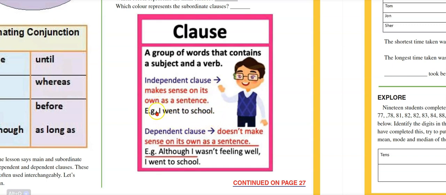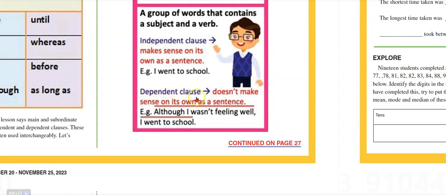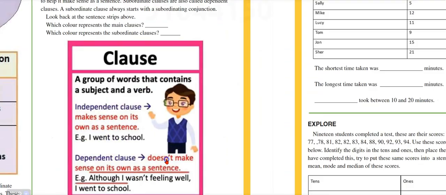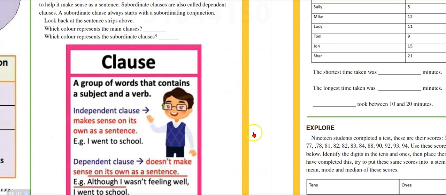It makes sense by itself. Dependent clause doesn't make sense on its own as a sentence. Although I wasn't feeling well, I went to school. So, although I, that would be dependent. Okay? All right, let's continue.